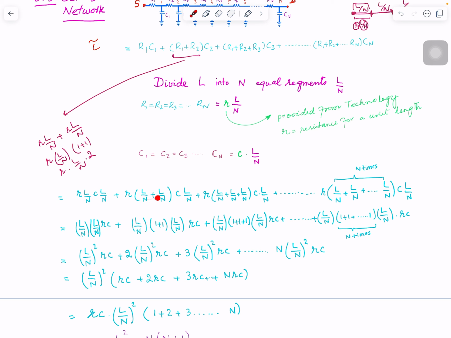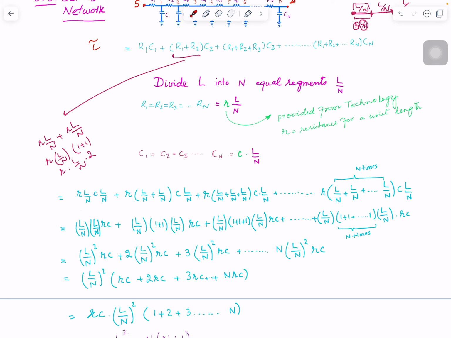That's all I'm doing now. Look at L over n common, 1 plus 1, and then there's a C for each, and that is just c L over n. Then I'm combining, so I just substituted in all of them. In the next line, one L over n comes from resistance, one comes from capacitance. You multiply them, and then rc. Here you combine them to create this.